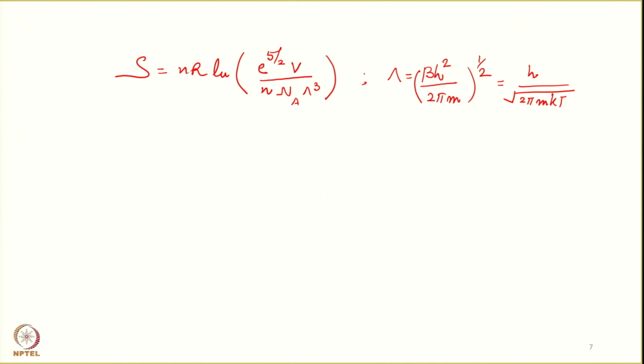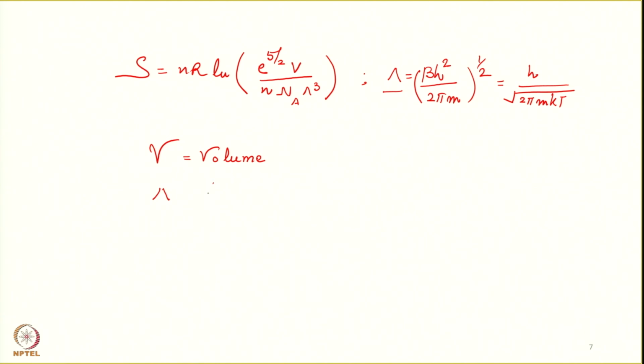To calculate this, what I need is volume, and a value of lambda. If you see here, lambda, h is constant, 2 pi is constant, m depends on the mass of the particle, and it will depend upon the temperature.